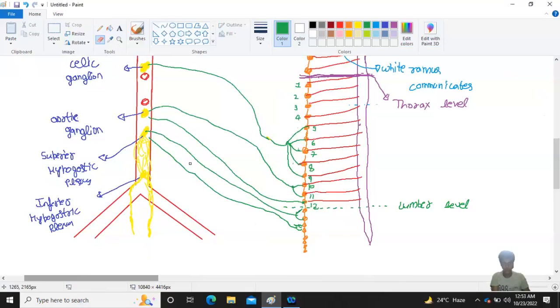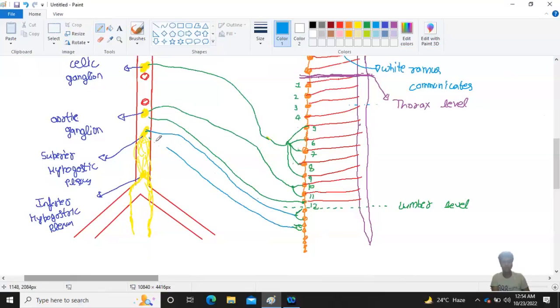We draw it in a different color. These 2 again drain into this.